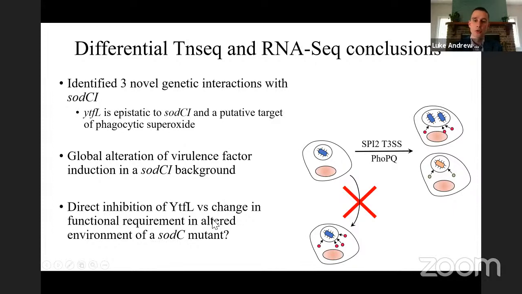Both of these interpretations would result in an epistatic interaction in our Tn-seq data. So we'll have to do continued work in the lab to try to differentiate between these and figure out what's going on with YTFL and this potential altered environment.